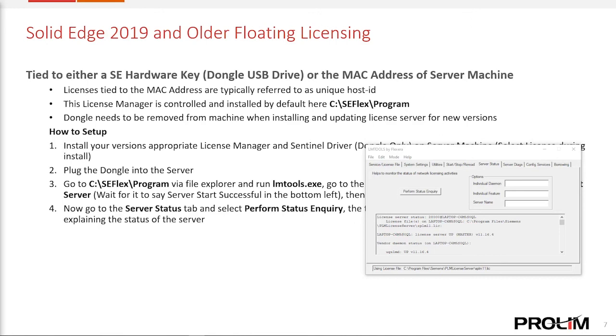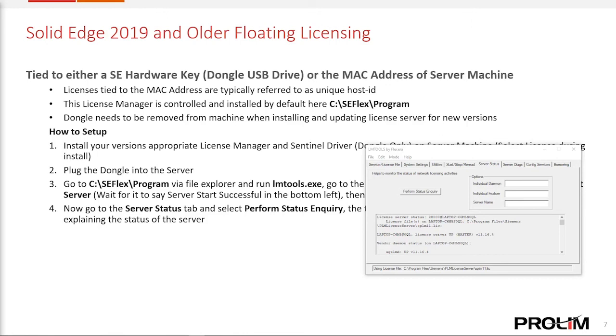And it points to the server through that, because in the license file, you know how it has that server line that has the server name. It uses that to point to it instead. Now, there is one other method. There is an environment variable you can create that will point Solid Edge to it. I believe it's SELMD underscore license underscore server.